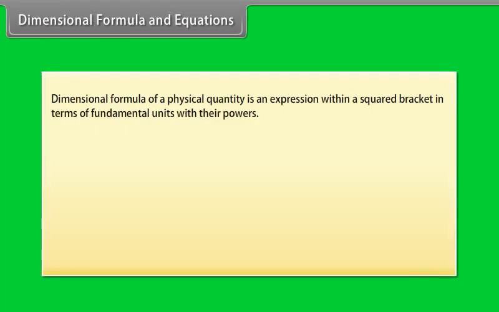Dimensional formula and equations. The dimensional formula of a physical quantity is an expression within square brackets in terms of fundamental units with their powers. Let us take an example.